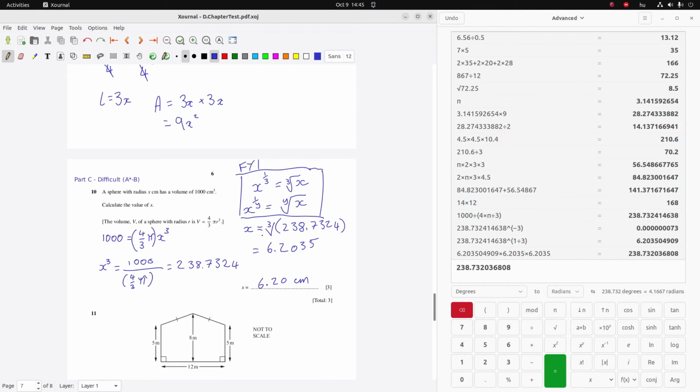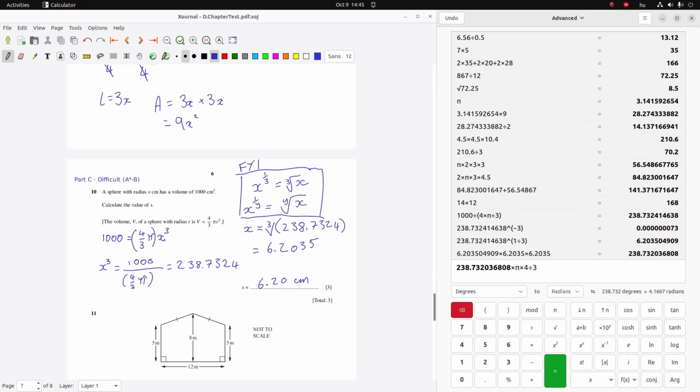In fact, let's check it entirely. Let's fill in x over there. 6.2 cubed equals that, multiplied by pi, multiplied by 4 divided by 3. I'm just taking this 6.2 and filling it in over here.